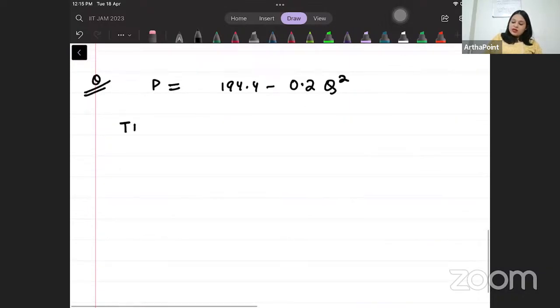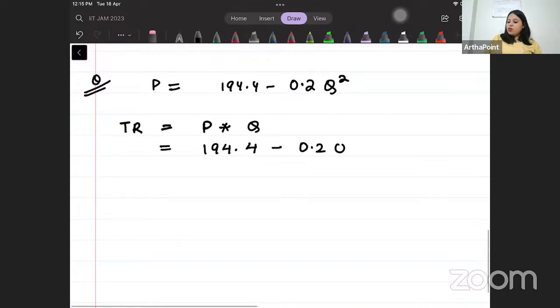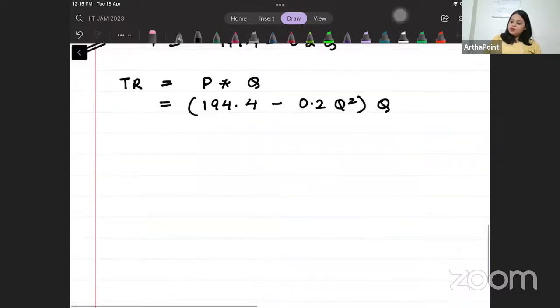So TR can be written as price into quantity. Price is 194.4 minus 0.2 q square into quantity q, which is 194.4 q minus 0.2 q cube.